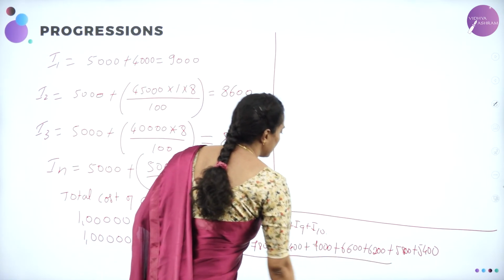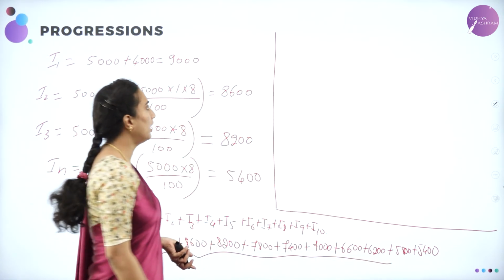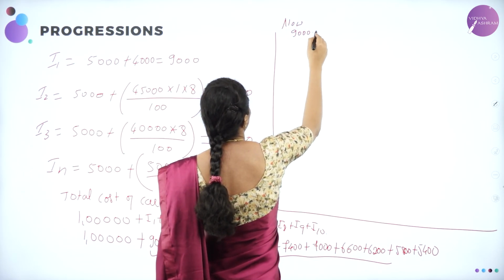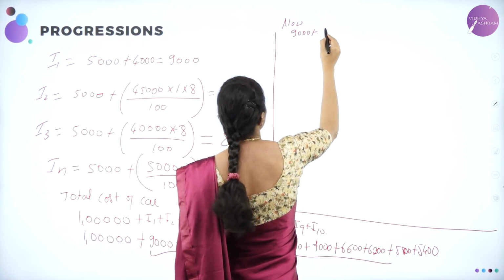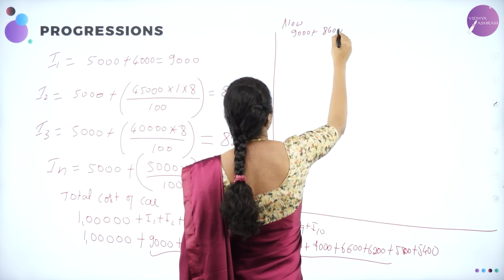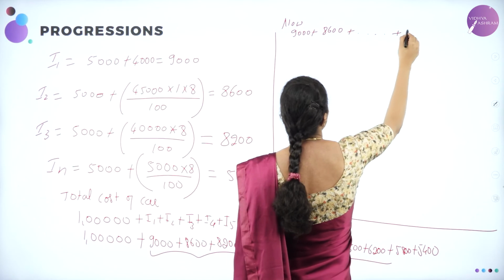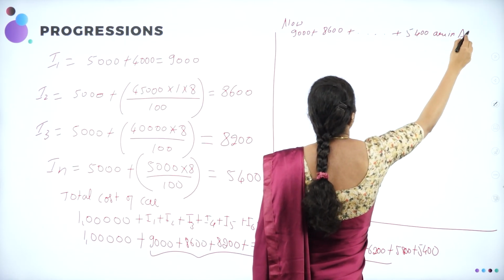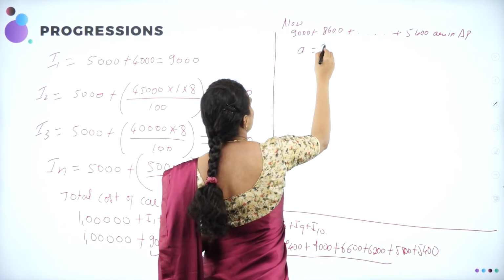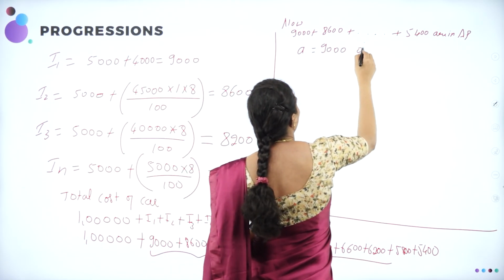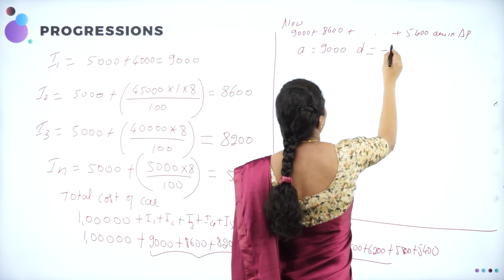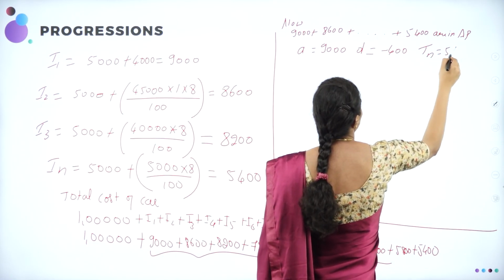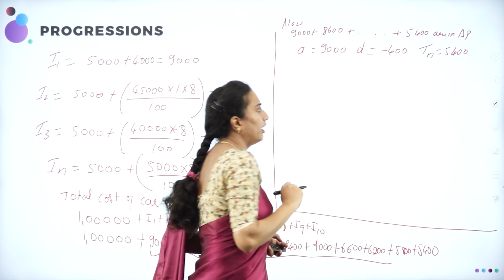You can observe the difference of 400, so they are in AP. 9,000 plus 8,600 plus and so on plus 5,400 are in AP. Therefore, the A value is 9,000, the D value is the difference, that is minus 400, and the Tn value is 5,400, that is the L value, correct?